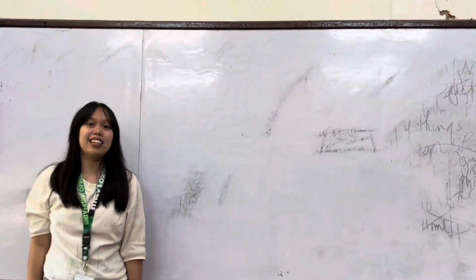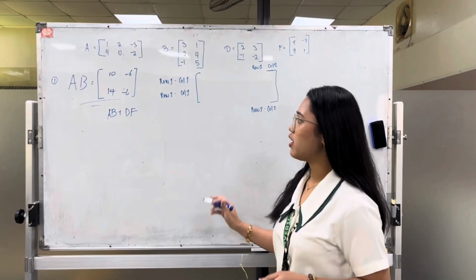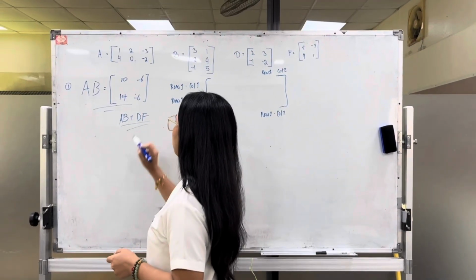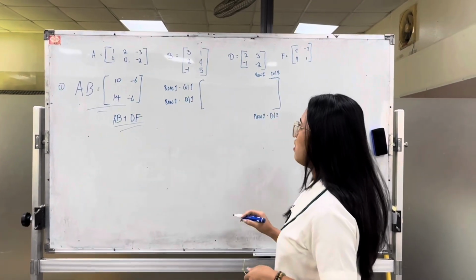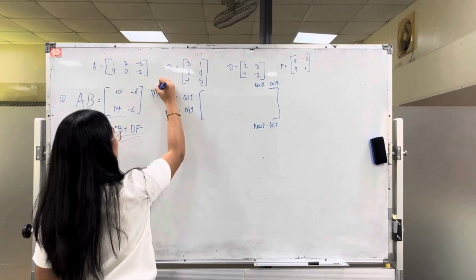Got it? Got it. So Francis already solved for AB. So we have here, we are going to find the matrix AB plus EF. So first, we need to find the EF.